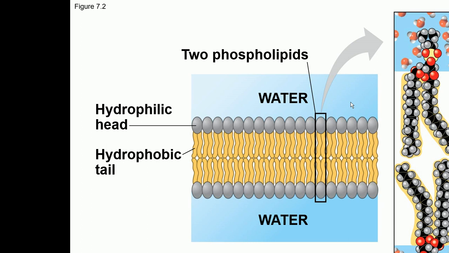And we have already talked about, if we take a glass of water and add phospholipids to it, how these phospholipids arrange themselves. The hydrophobic tails face each other. These are the polar heads, and these are the non-polar tails. These polar heads are hydrophilic in nature, and these non-polar tails are hydrophobic in nature.